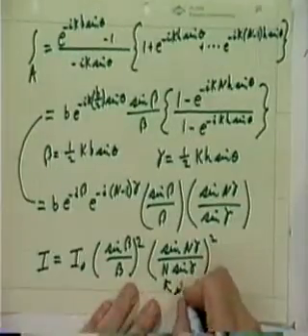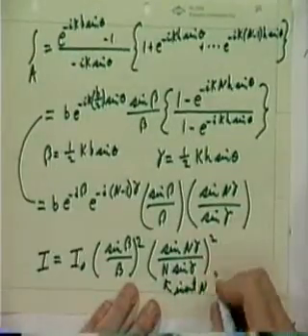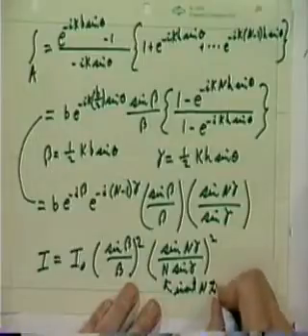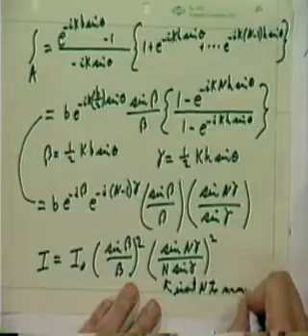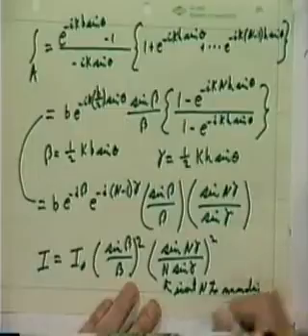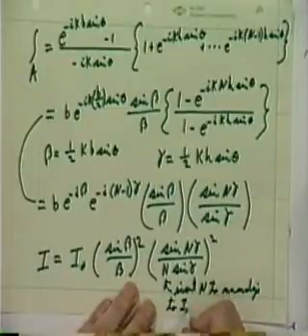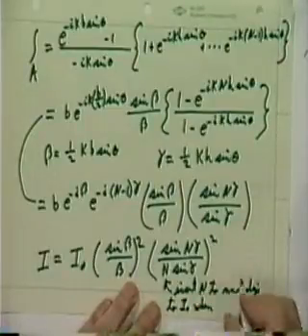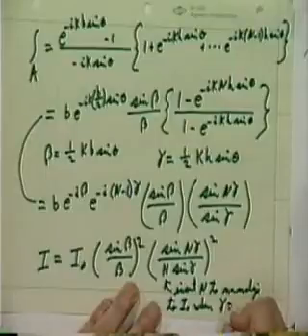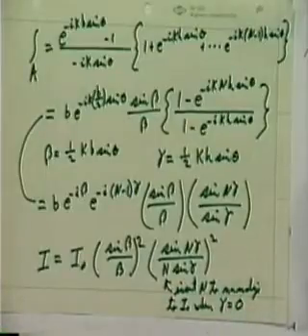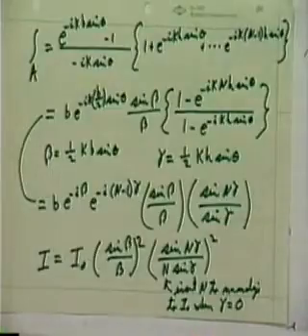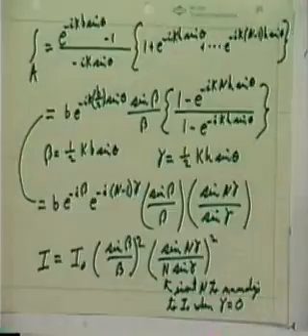Insert n to normalize to I naught when theta goes to 0, or we say when gamma goes to 0. Okay, so this is the resulting irradiance.